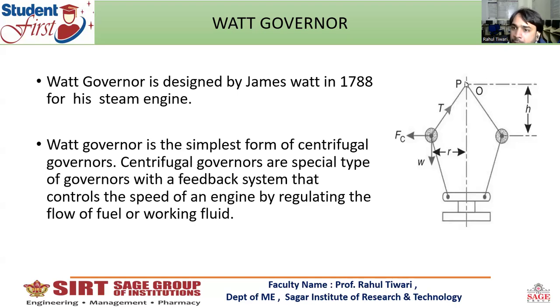For example, this is the arms, these are the links, and this is the centrifugal force acting on the balls of the governor mounted on the Watt governor, and this is the spindle axis, and this is the sleeve which slides up and down when speed increases or decreases.